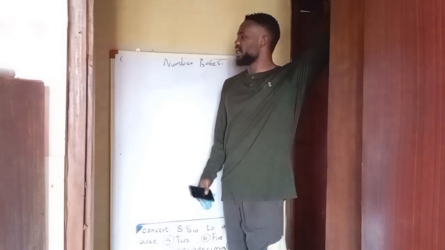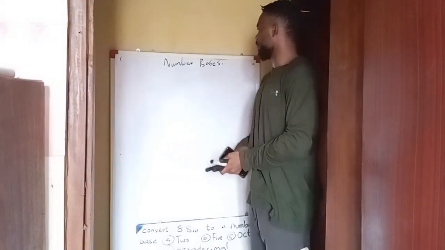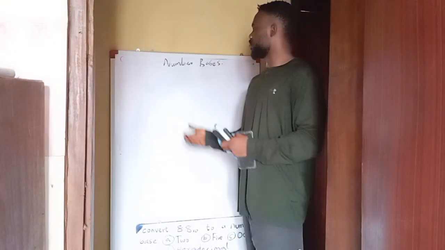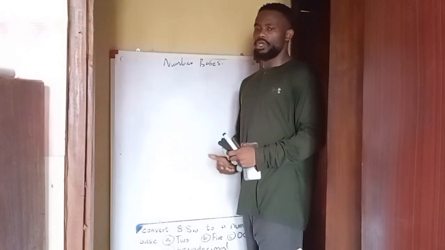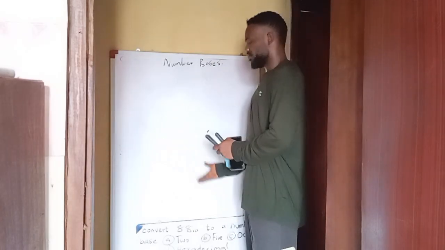Natural numbers talk about counting numbers. So number base is a way of arranging numbers in bundles. If I'm not using base 10, I can use any of the bases.